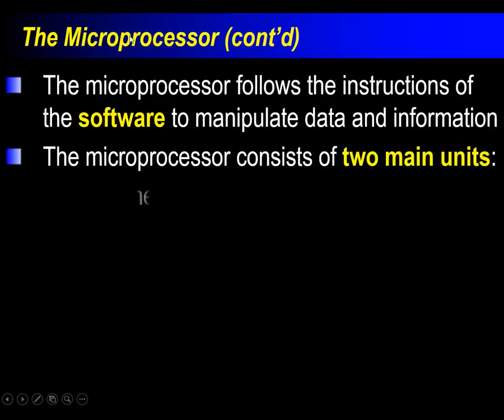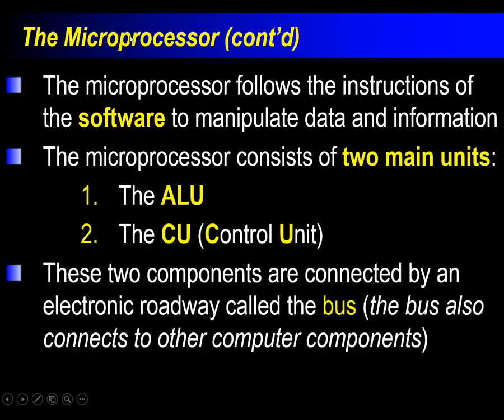So the microprocessor follows the instructions of the software to do this stuff. So with its two main units, the ALU and the CU, these components are connected through what you might call wires, but they're essentially electronic pathways, and the term that's generally used in the hardware is that they are bused together.